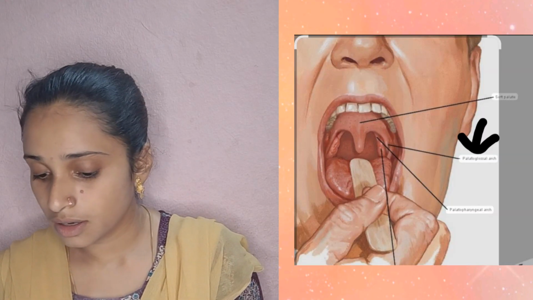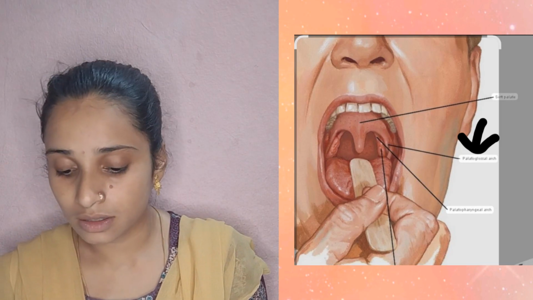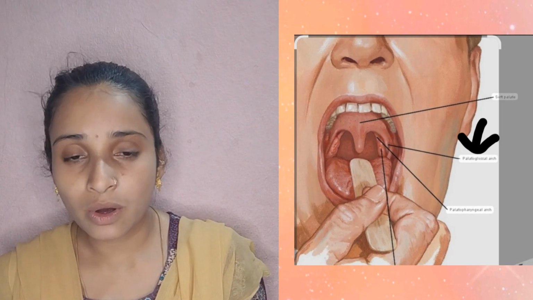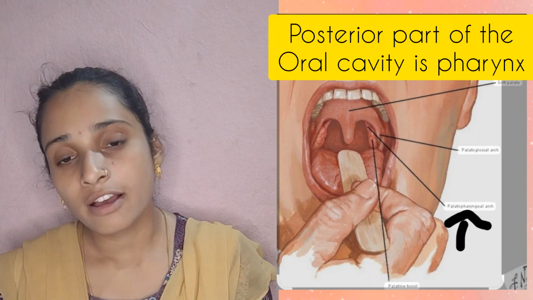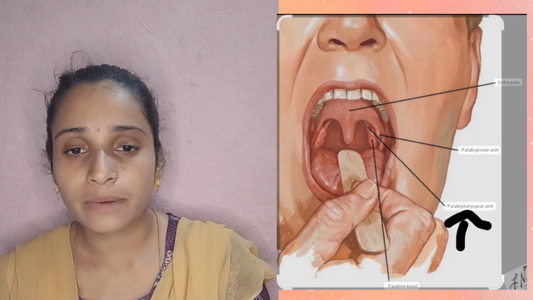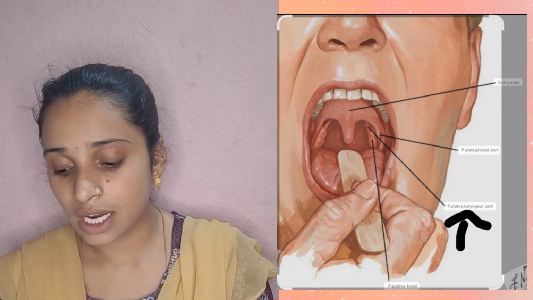Next, two muscle arches extend to the tongue, called the palatoglossal arch. Posterior to the uvula, near the pharynx, the arch that is present is called the palatopharyngeal arch.